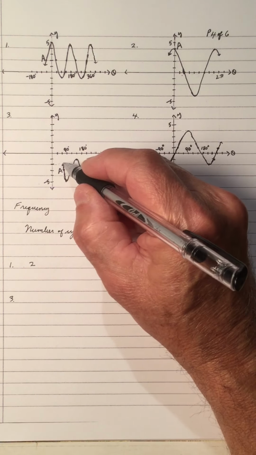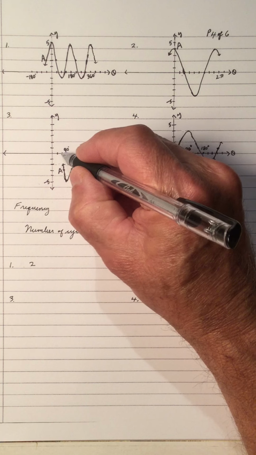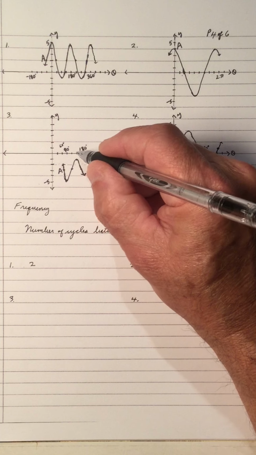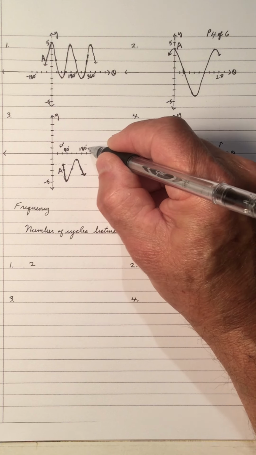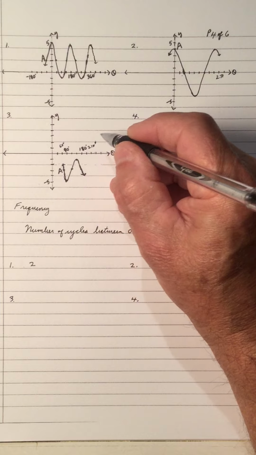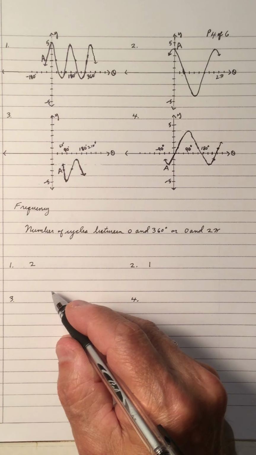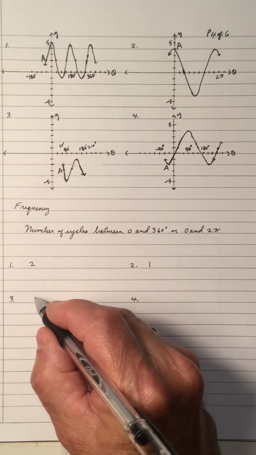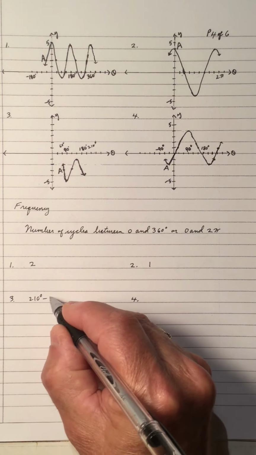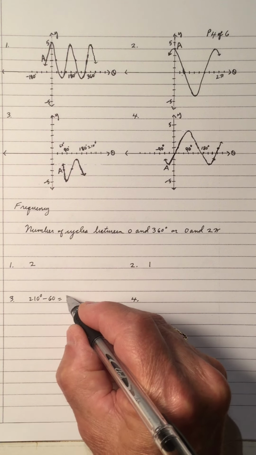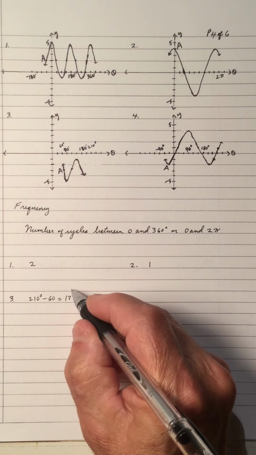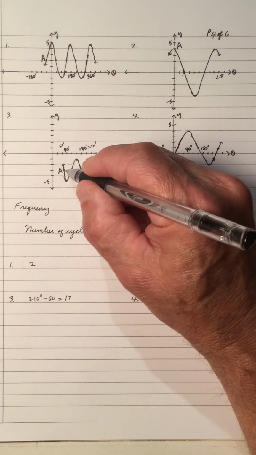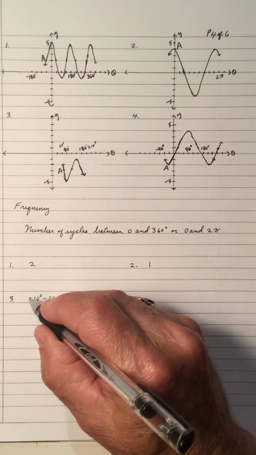And right here, this is 90, so that's a 30 and a 60. And right here, this is 30 past 180, so that's 210. My mistake. The graph is between 60 and 180.